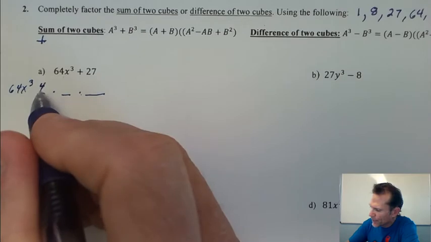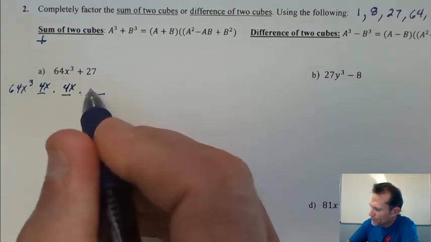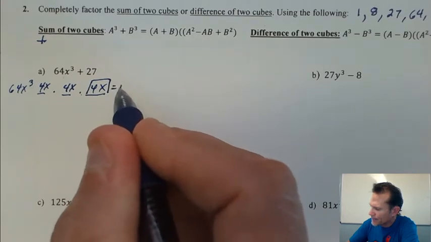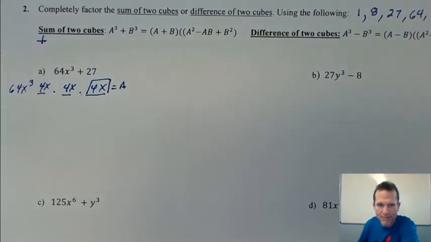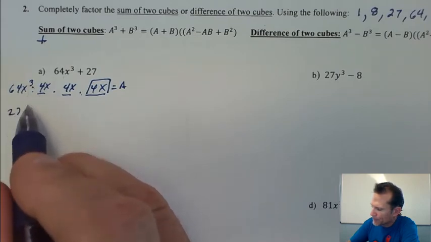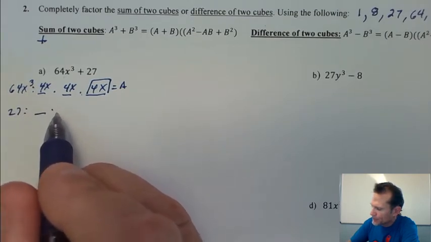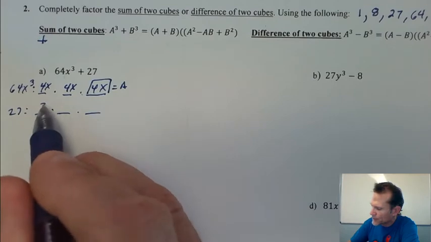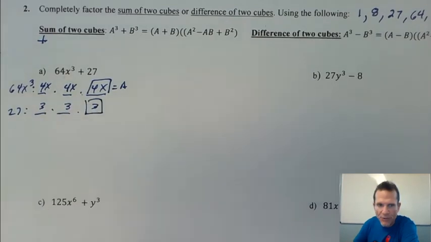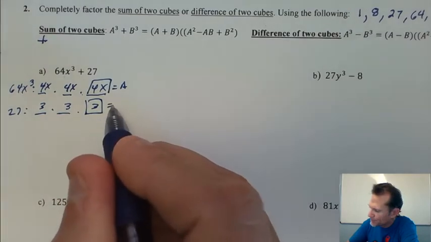We have 4x, 4x, and 4x. So this is going to be my a value in my formula. Then I think about, what times itself 3 times would equal 27, and it ends up being 3. So this is going to be my b value.